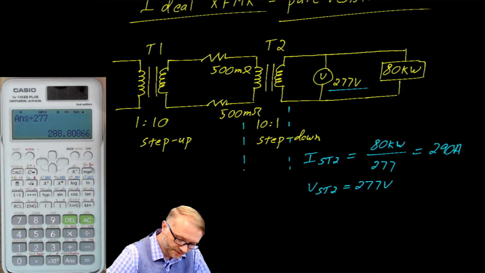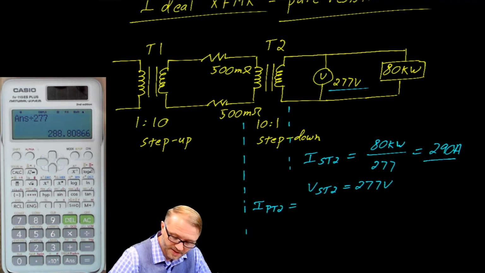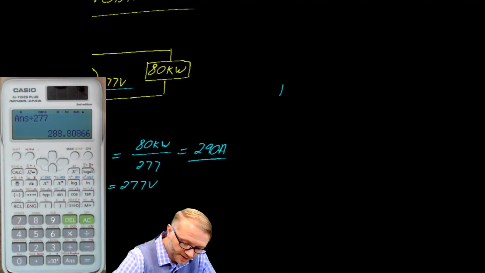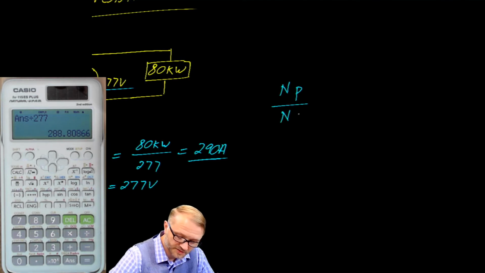At this point, we can move to the primary of T2. So the current on the primary of T2 is equal to this divided by 10. You may recall that the turns ratio, the number of turns on the primary over the number of turns on the secondary, is the voltage primary over the voltage secondary.